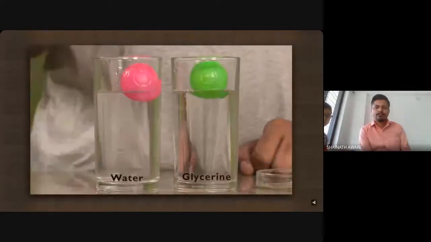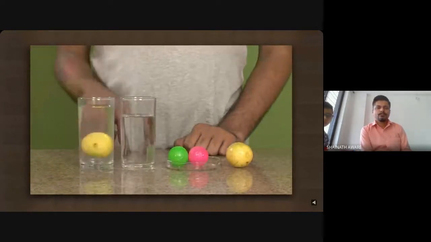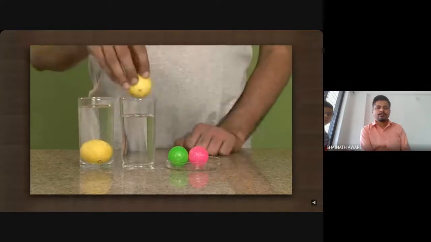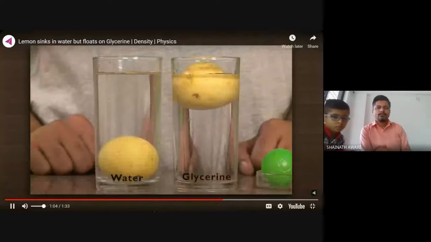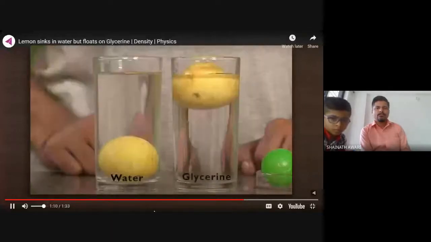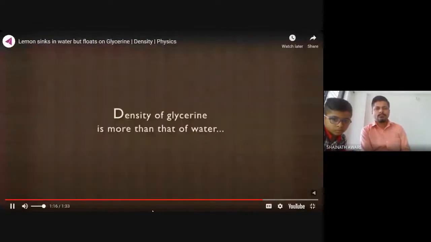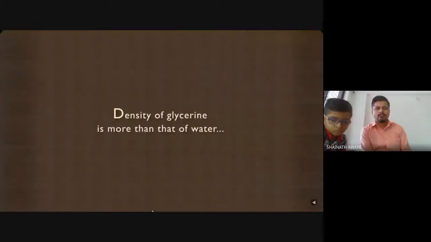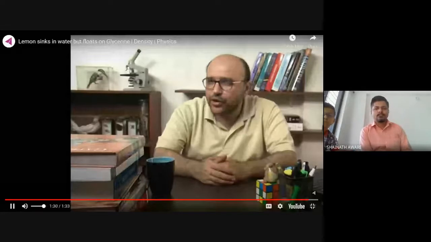Again, the ball floats. Now try the same with the lemon. First, put it in the beaker of water. It sinks. Next, put it in the glycerine beaker. It floats. From this experiment, we can see that the density of the plastic ball is less than both water and glycerine, but the density of the lemon is more than that of water, but less than that of glycerine. It thus shows us that the density of glycerine is more than that of water. Does your body float or sink in water? It sinks because the body's density is more than water. Yet in the Dead Sea, the body only floats. Can you think why?